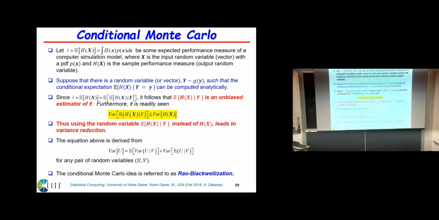I wanted to find the expectation of this function of x, but now I'm writing it as the expectation of this, where the inner argument here is conditional on y. We have seen this, right? So this is a valid argument. I can condition on y when this calculation can be useful. Well, it can be useful if somehow this expectation conditional on y is very easy to calculate.